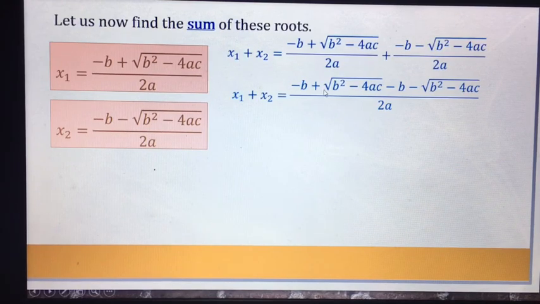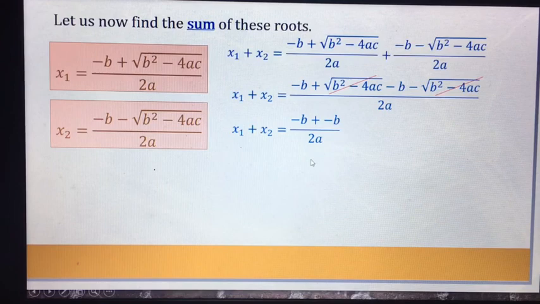If we have noticed, we have the square root of b squared minus 4ac minus the square root of b squared minus 4ac, so that becomes 0. They cancel. So what remains is negative b plus negative b over 2a.